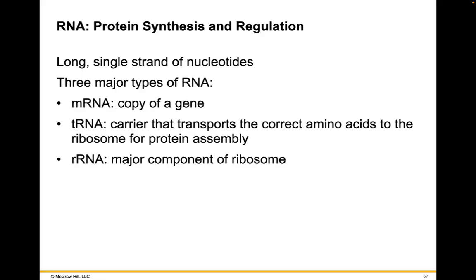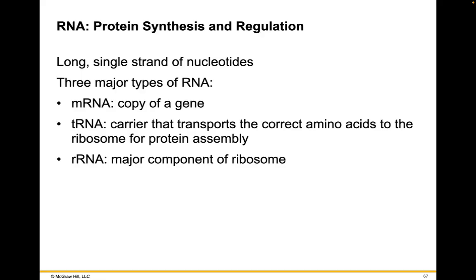So if we're using our analogy, the DNA was in my kitchen, and it is the recipe, the genes to make all these proteins. Messenger RNA is the copy of that recipe. tRNA is like you carrying sacks from Walmart or Brookshire's or wherever you shop and bringing in the ingredients to your kitchen, which is the ribosome.